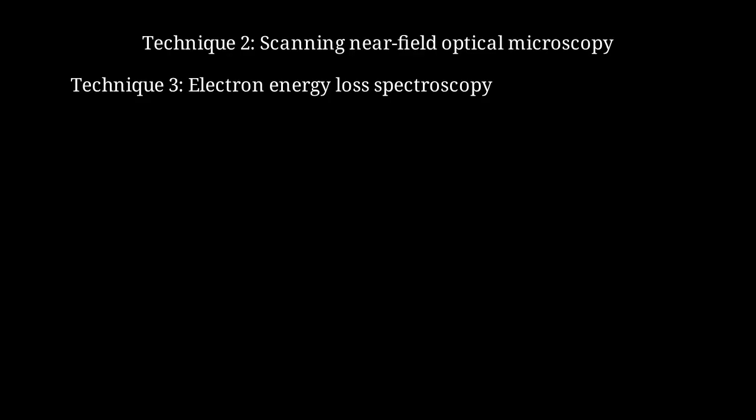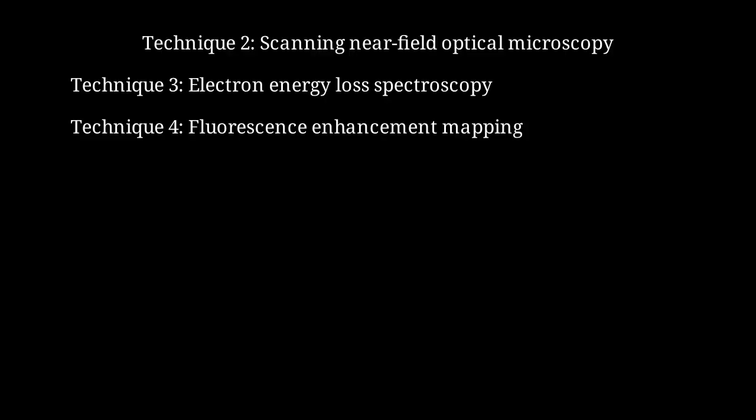A sharp metal tip scans across the surface, mapping the local field with nanometer resolution. Technique 3 uses electron energy loss spectroscopy in a transmission electron microscope. Electrons probe the local density of electromagnetic states with sub-nanometer resolution. Technique 4 maps fluorescence enhancement from quantum emitters positioned near the nanostructures, providing indirect information about field distributions.